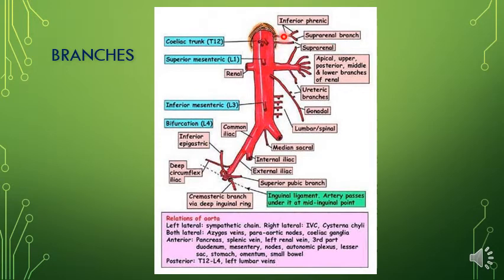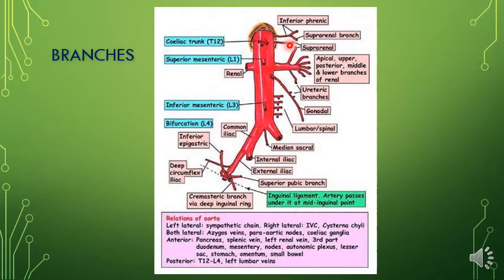Then coming to the lateral branches, all the lateral branches are paired, and from above downwards, the inferior phrenic artery. There will be two on either side because they are paired, right and left inferior phrenic arteries. Then there is the middle suprarenal artery, which directly arises from the abdominal aorta.